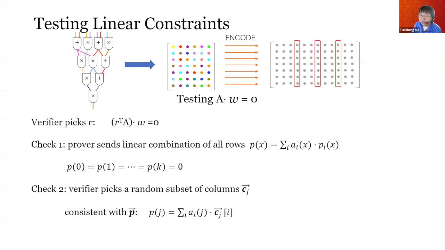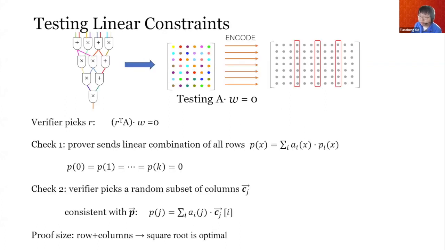Then we are essentially done with the linear constraint. But this can be confusing, and I will not prove the correctness of this process. This is how Ligero does it. And the proof size is row plus column, which is square root of n.